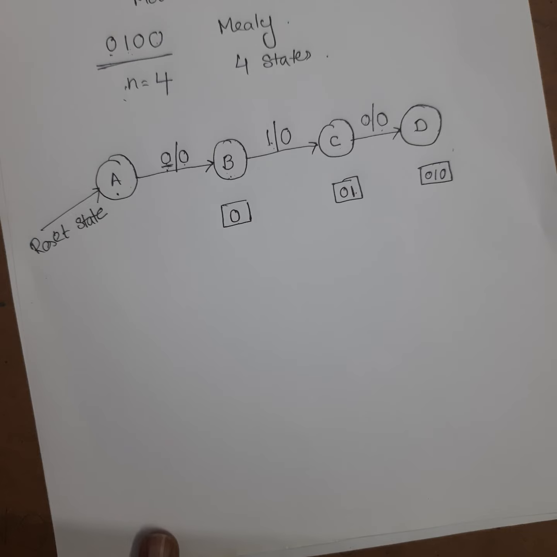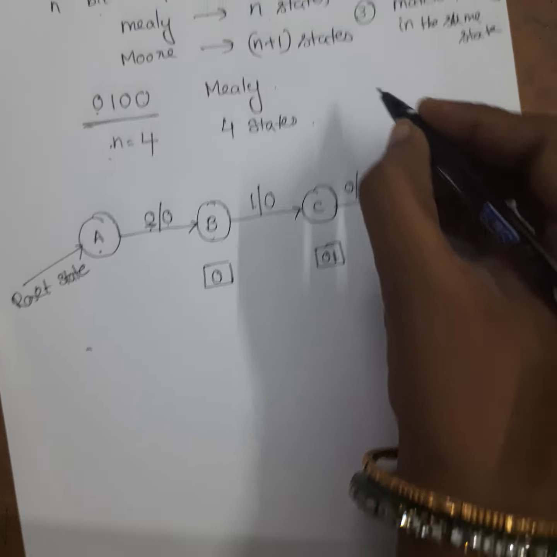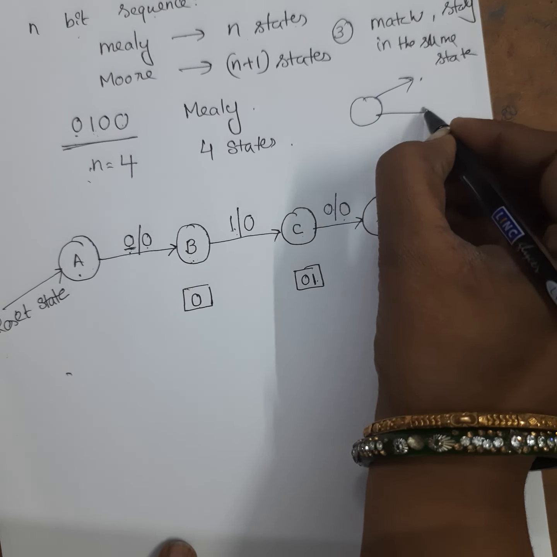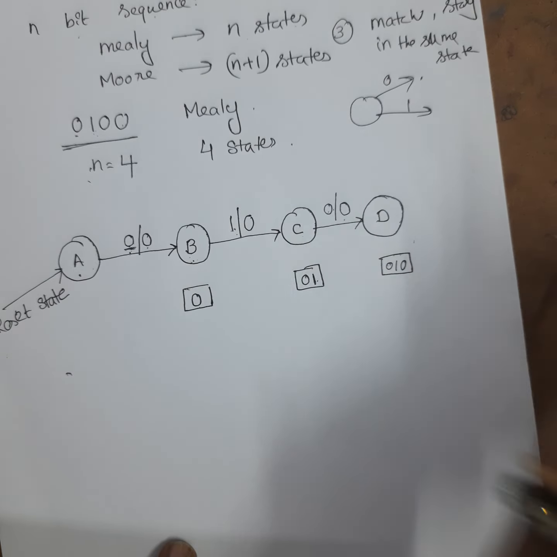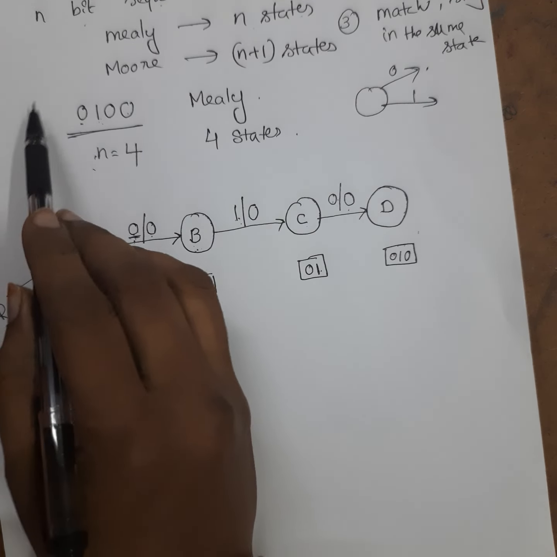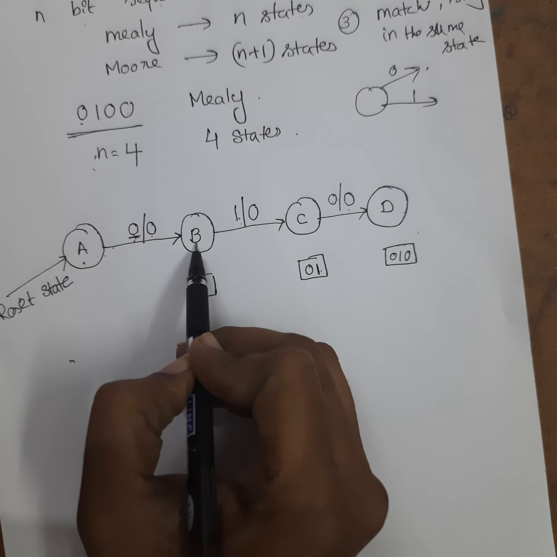For Mealy or Moore machines, we have to determine what happens for each state for input 0 and for input 1. For 0, this is the required sequence, so it goes to the next state.